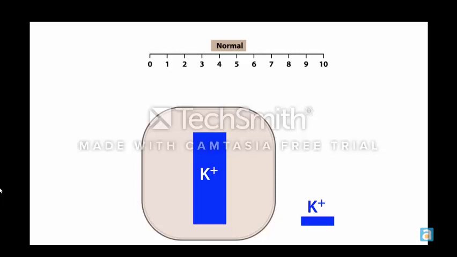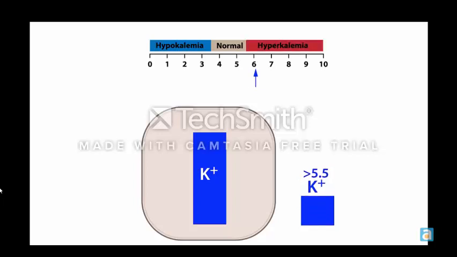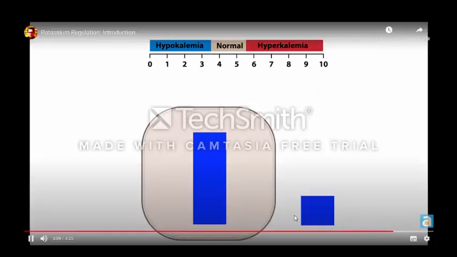For example, an extracellular potassium concentration of less than 3.5 milliequivalents per liter is considered low and is referred to as hypokalemia, while a concentration between 3.5 and 5.5 is considered normal. And finally, a concentration greater than 5.5 milliequivalents per liter is considered high and is referred to as hyperkalemia.